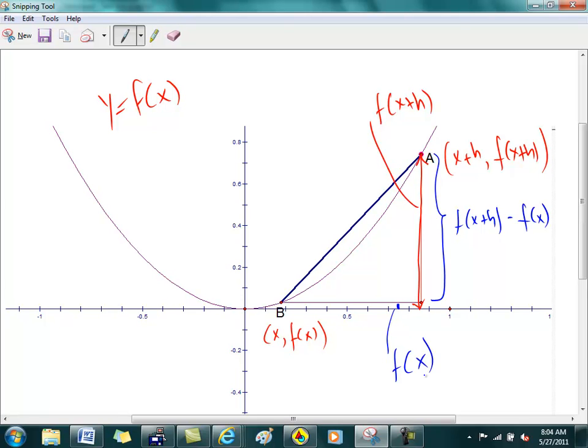If you agree that it's going to be a distance, then it's going to be a difference, and that's exactly what I'm doing here, except instead of numbers, I've got symbols. I've got f(x+h) all the way from there to there, and this much is f(x), so this has got to be the difference of the two quantities. I'll probably have to get a string or something and show you what I mean. Is everybody okay on that?